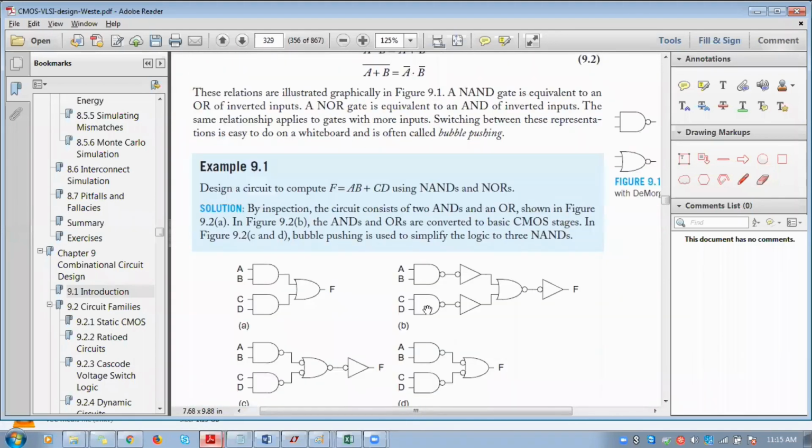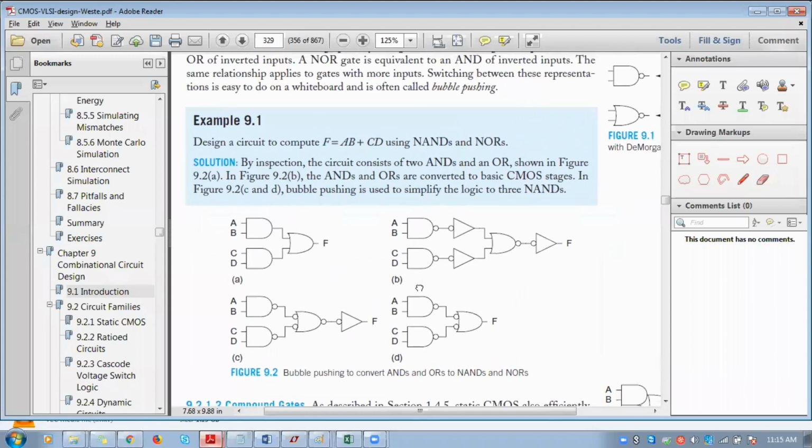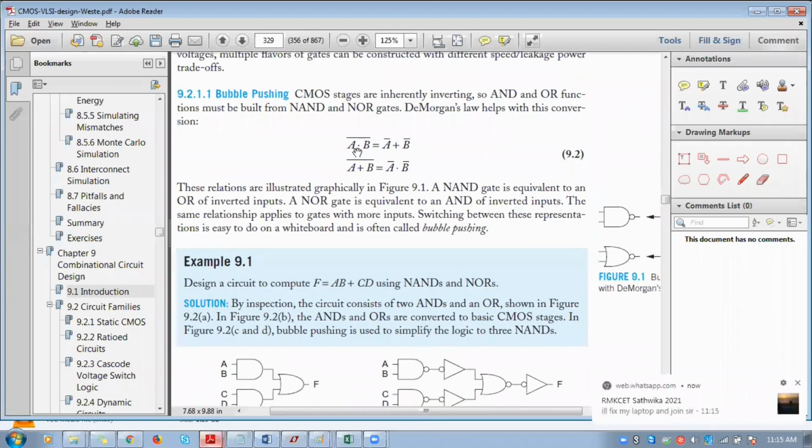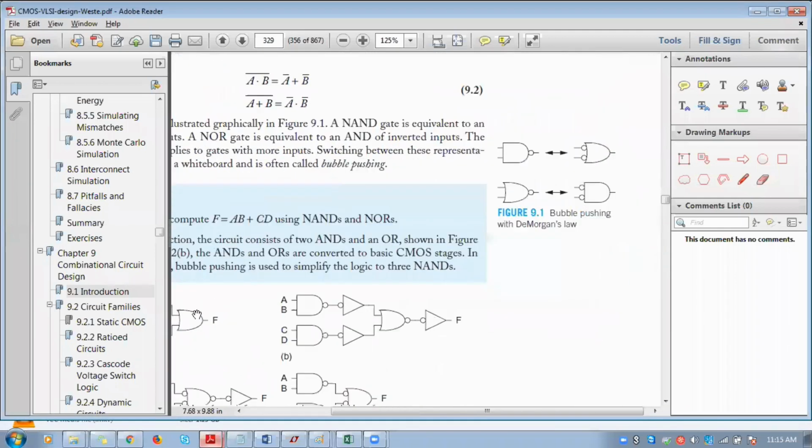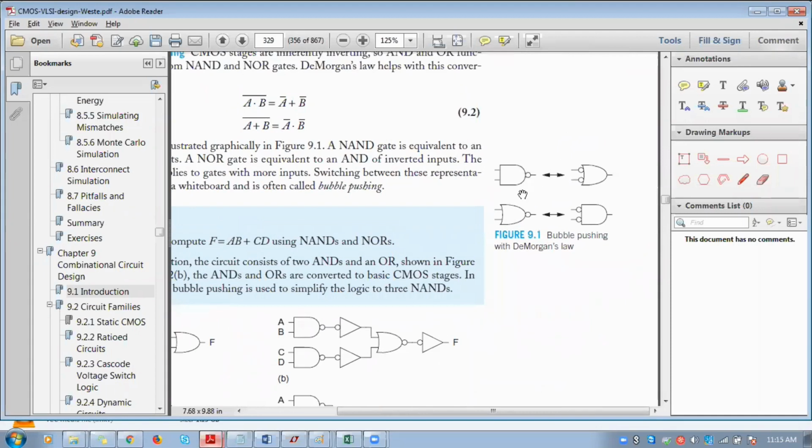Bubble pushing you might have seen in digital electronics itself. So A dot B bar can be written as A bar plus B bar. That is your normal De Morgan's theorem, which they have used for the bubble pushing concept. Simple representation: a NAND gate can be represented as a bubbled OR, and an OR gate can be represented as a bubbled AND.